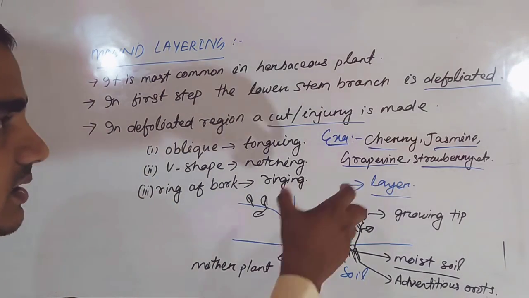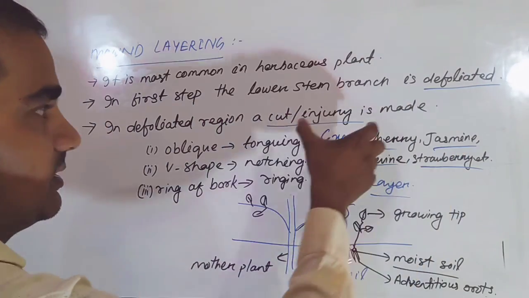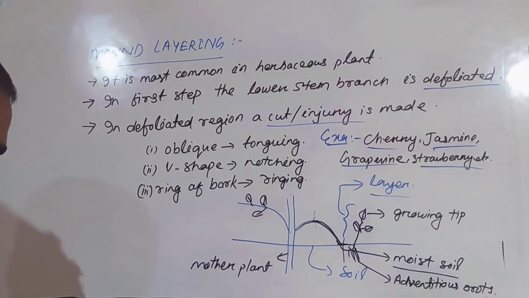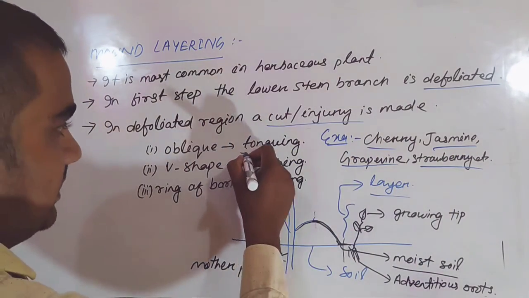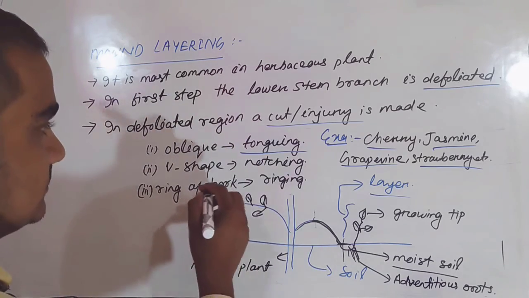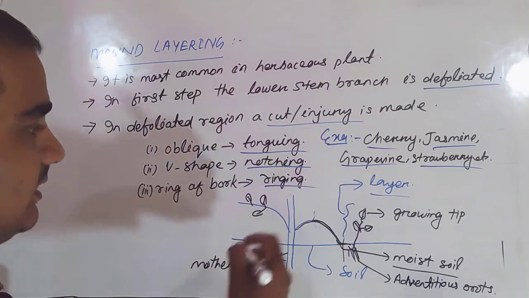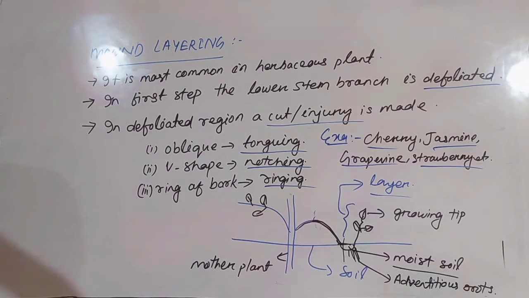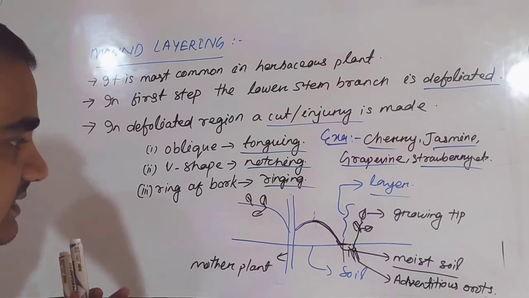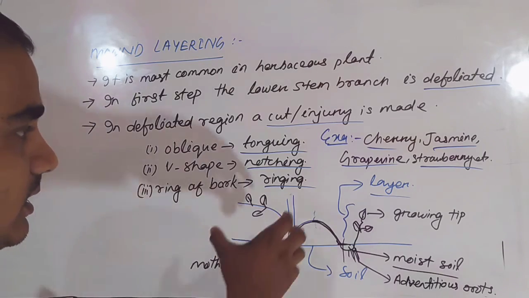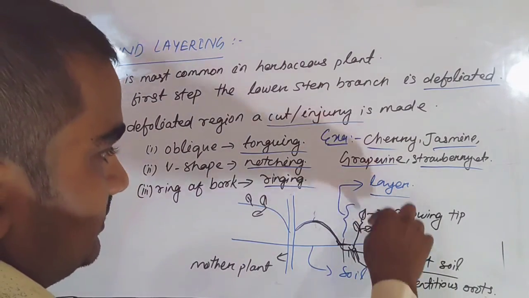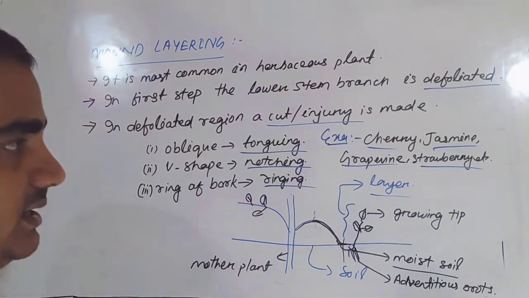The important thing is that first the defoliation, then an injury is made, by 3 processes. If made obliquely, we call it tonguing, then notching, then ringing. If the injury is made in a ring shape in the bark, this stem branch is known as the layer.